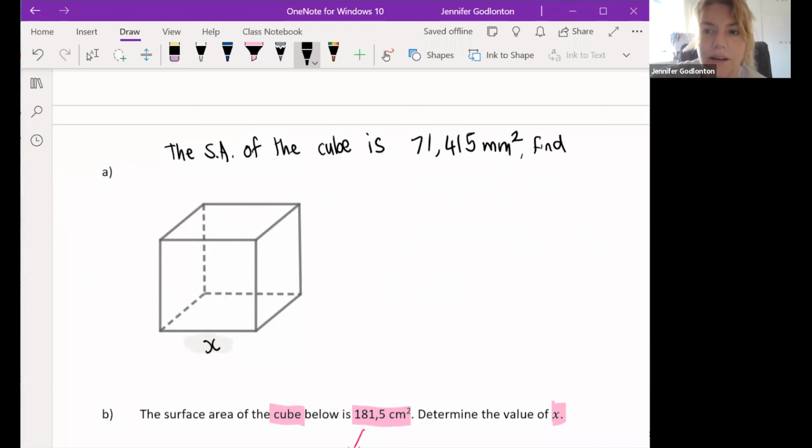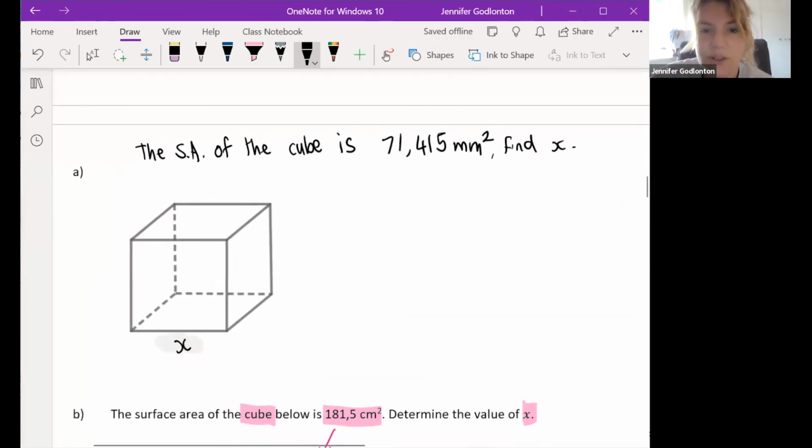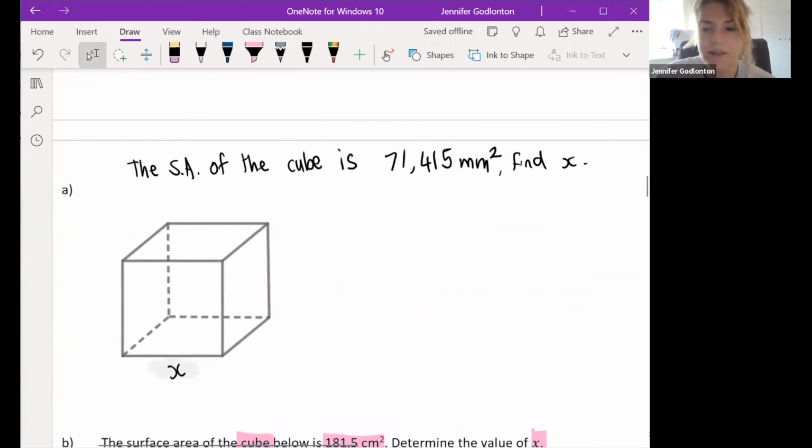Find x. Okay, so this is very, very similar. Sorry about my messy writing there. The surface area of this cube below is 71,415 millimeters squared, and I want to find x.